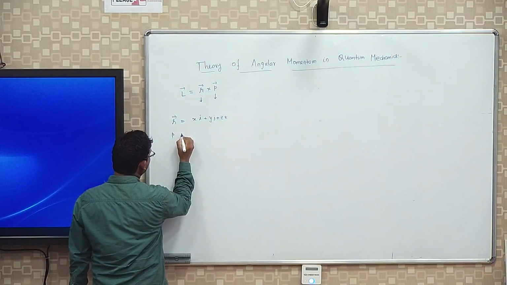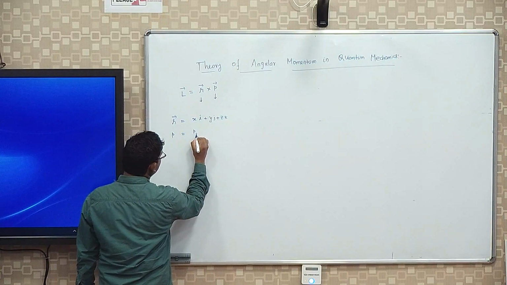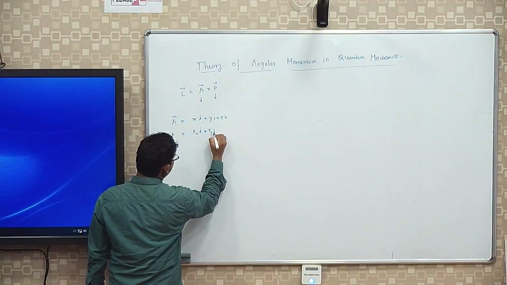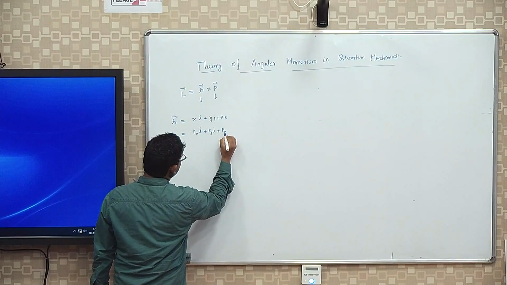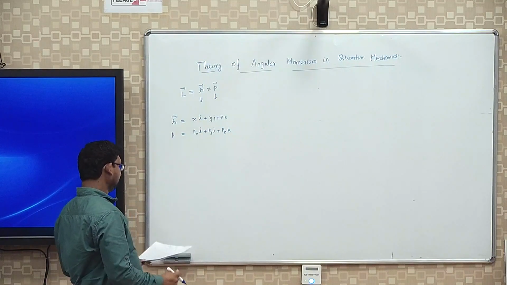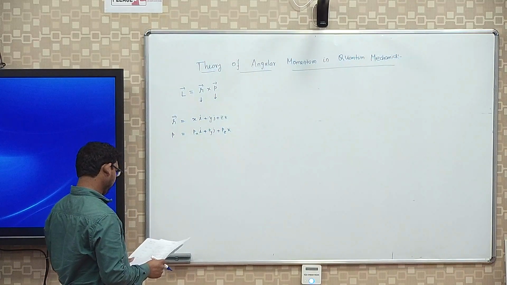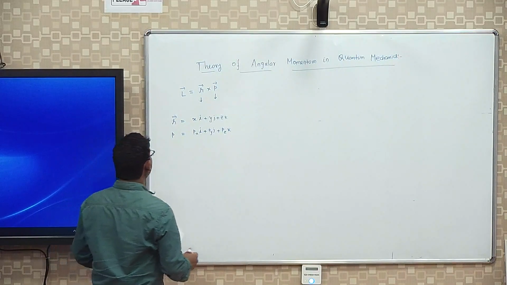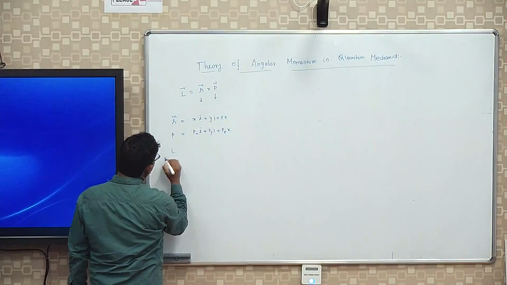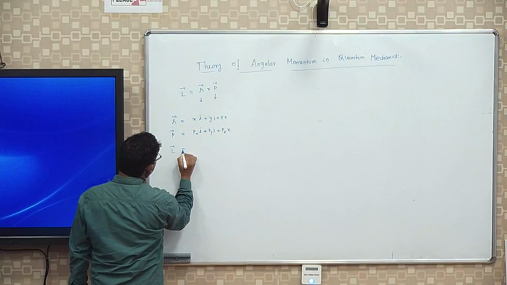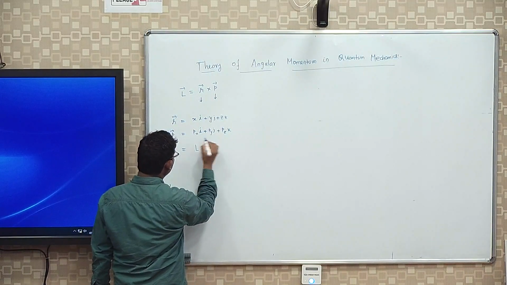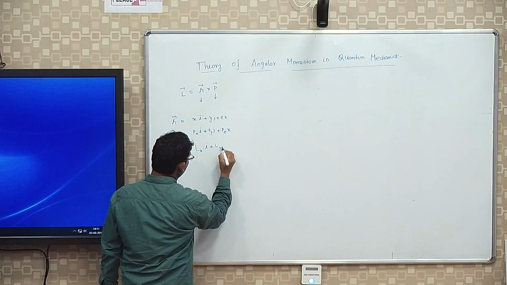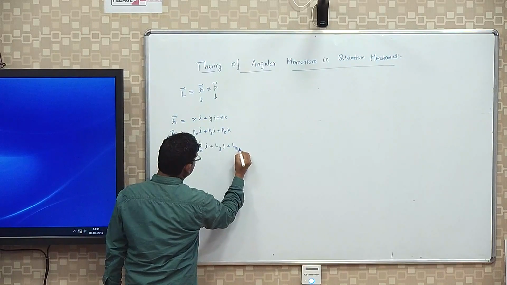And the linear momentum we can write as px i vector, py j vector, pz k vector. And writing the total angular momentum L is also similar to the linear momentum: Lx i, Ly j, Lz k.